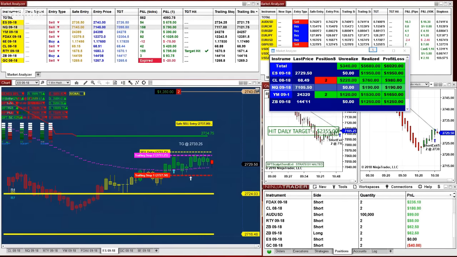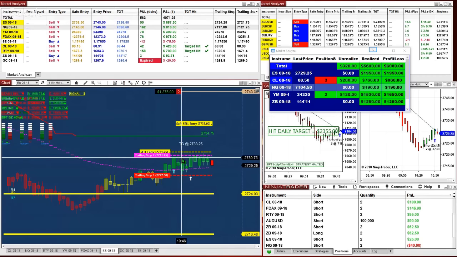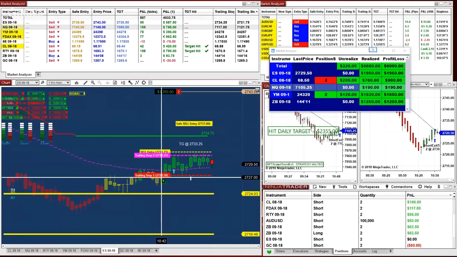So the system looks simple, but it is very complex. The system is telling the trader where to enter, where to exit, and where the probability is that this market is going to stop. We are taking the ES because this is everybody's instrument.